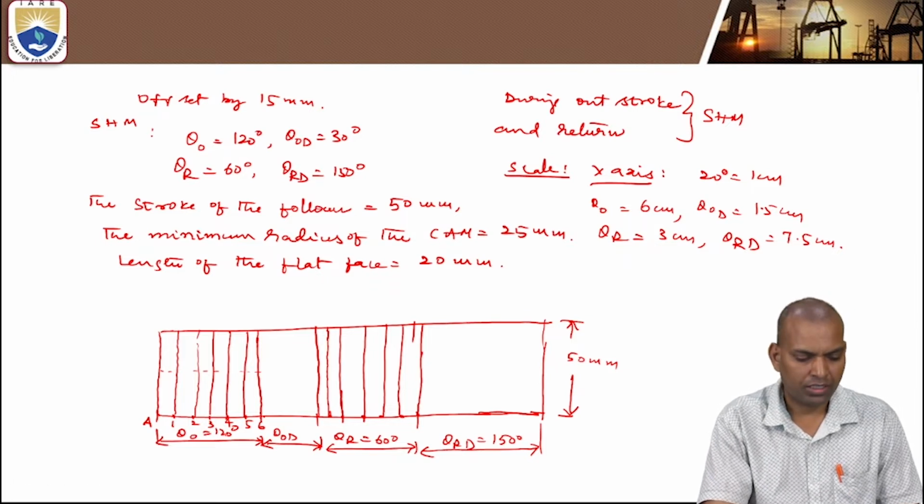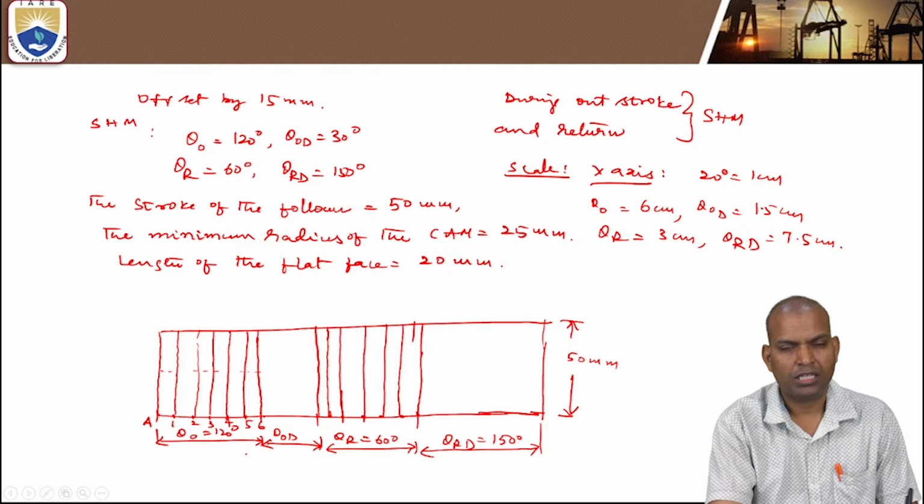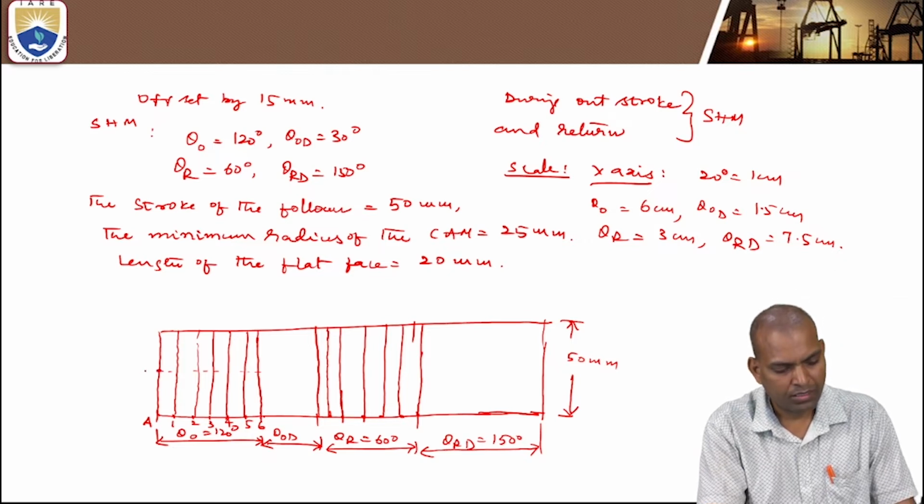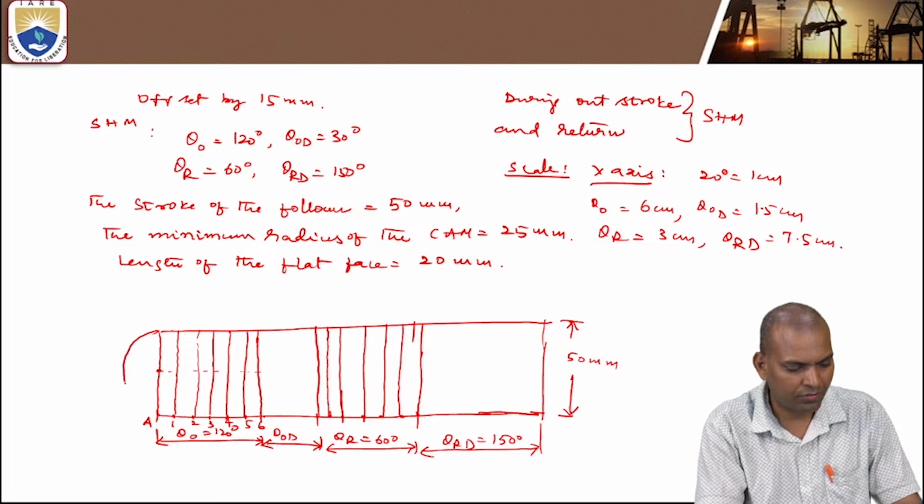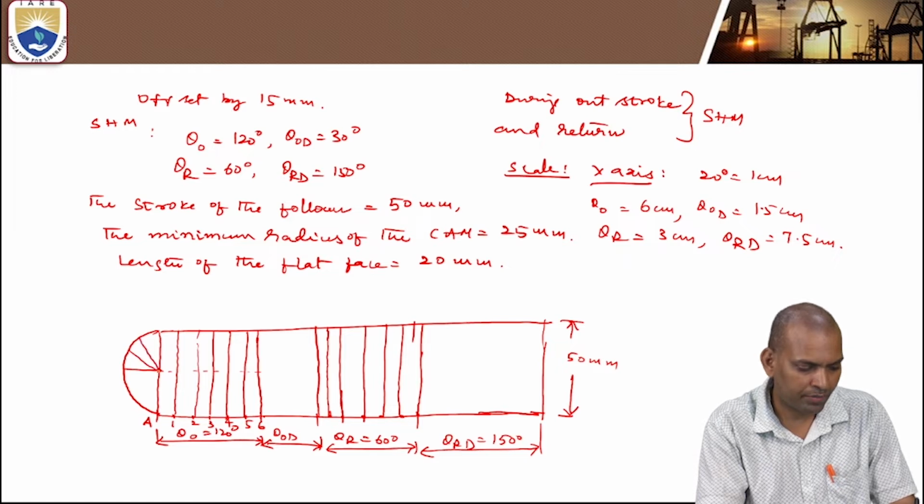Now after drawing these vertical lines for SHM motion, how to draw the SHM motion line? Draw a semicircle on one of the verticals. Divide the semicircle into equal parts, where each angular part indicates 30 degrees.